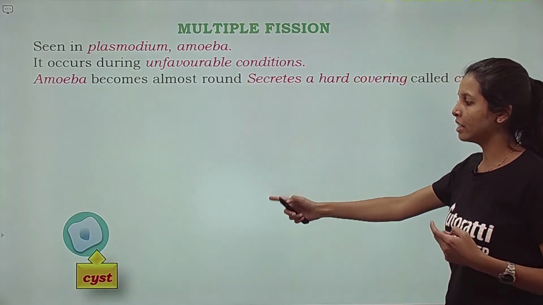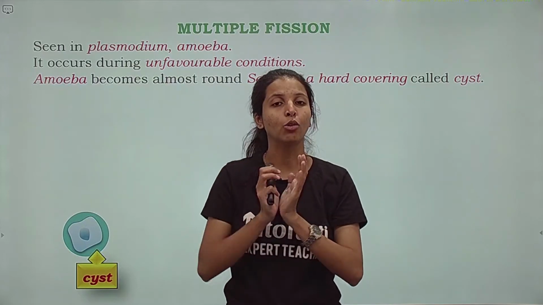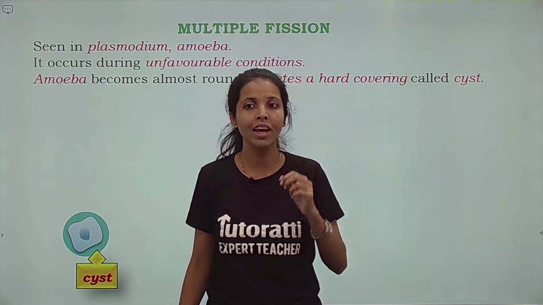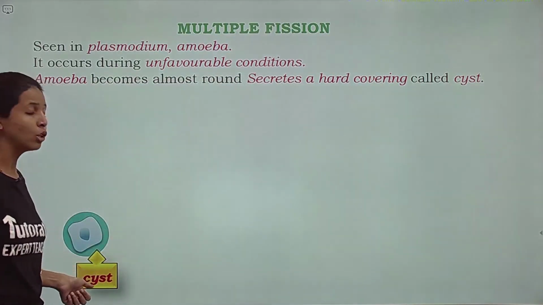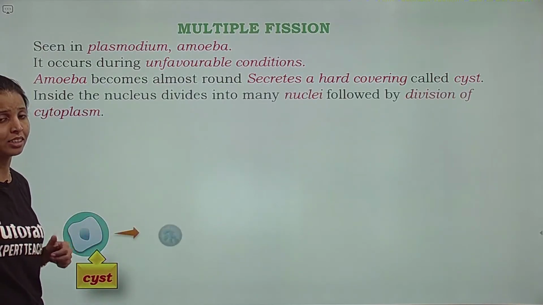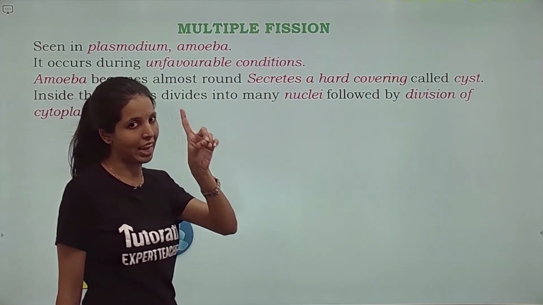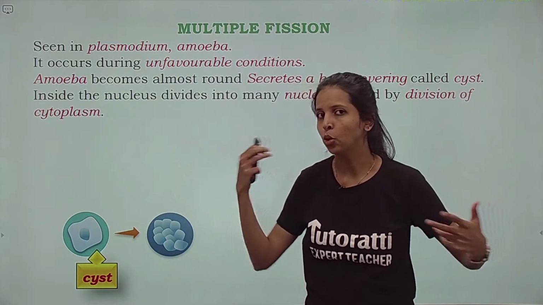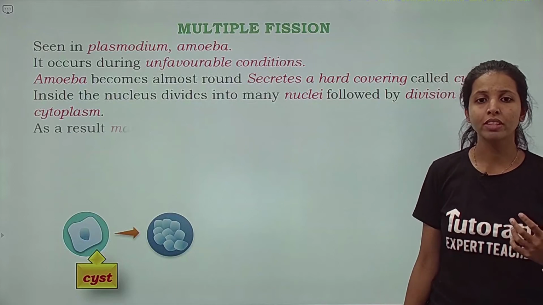If that happens, the amoeba becomes almost round, instead of irregular, and it secretes a hard covering around itself, which is called a cyst. Inside this, the single nucleus divides into many nuclei, followed by division of cytoplasm.